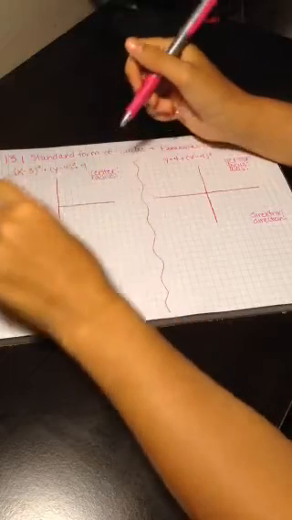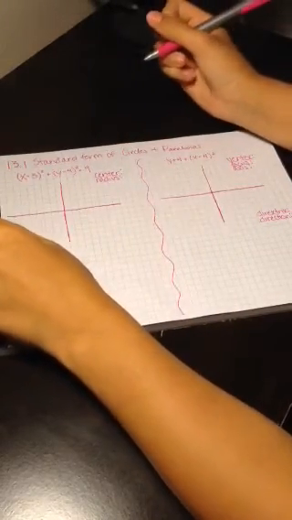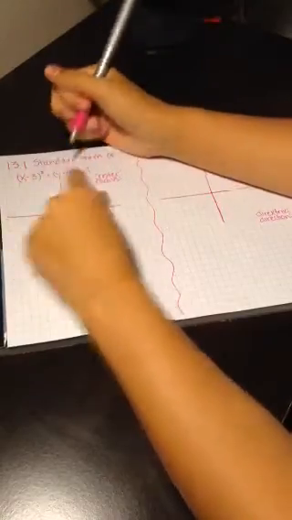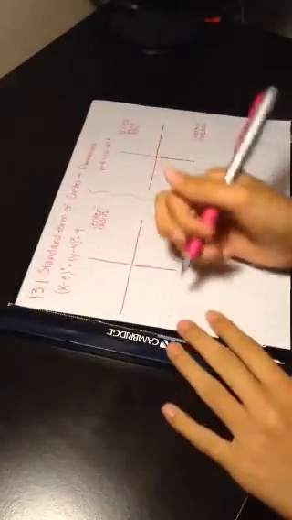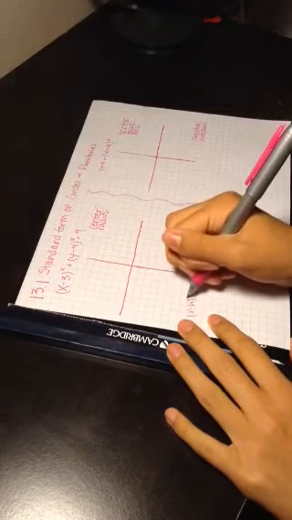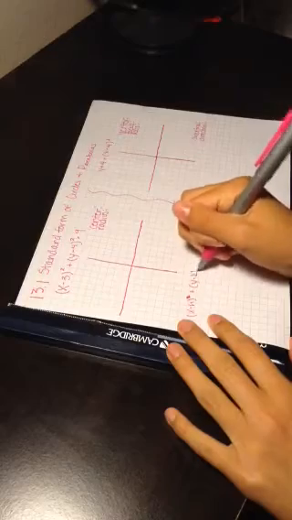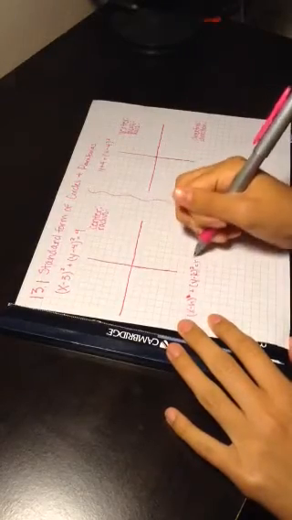Okay, so first we're going to start with our circles. For a circle, you only want to find the center and the radius. So our center is h and k. This is what the formula looks like for a circle: (x minus h) squared plus (y minus k) squared equals r squared.